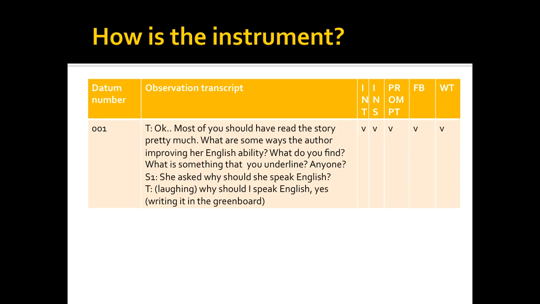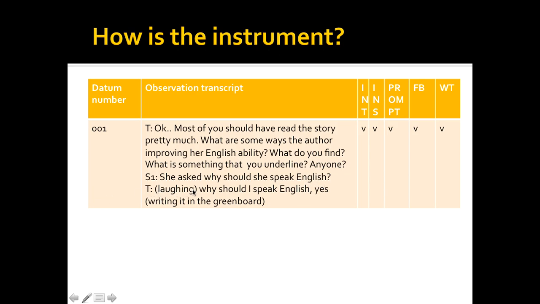And then observation transcript. Okay, this is what you have recorded in the classroom. And then the teacher said, okay, most of you should have read the story pretty much. What are some ways the author improves her English ability? What do you find? What is something that you underlined? Anyone? And then one student answered, she asked, why should she speak English?